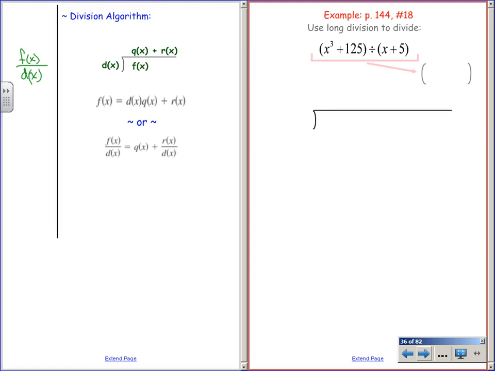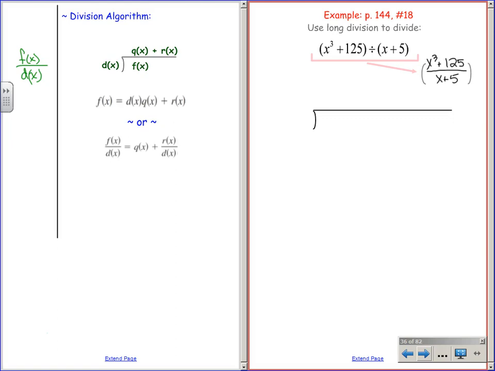Kyle, go ahead. I'm just having you review the long division first. Kyle's like, but is there a thing called synthetic? Yeah. But just a quick heads up. The first example we did, synthetic couldn't have been used. It had an x squared.